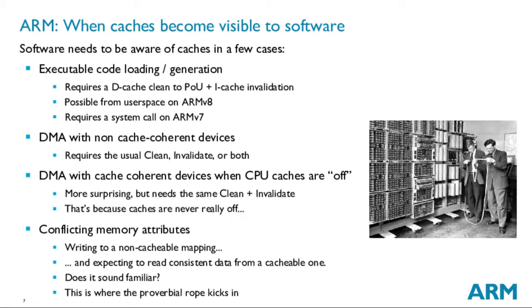So yeah, caches can be visible to software in some limited cases. If you're loading code via your data cache or generating code with a JIT, well, you have the usual data clean, instruction invalidate, which on ARM V8 is possible directly from user space.